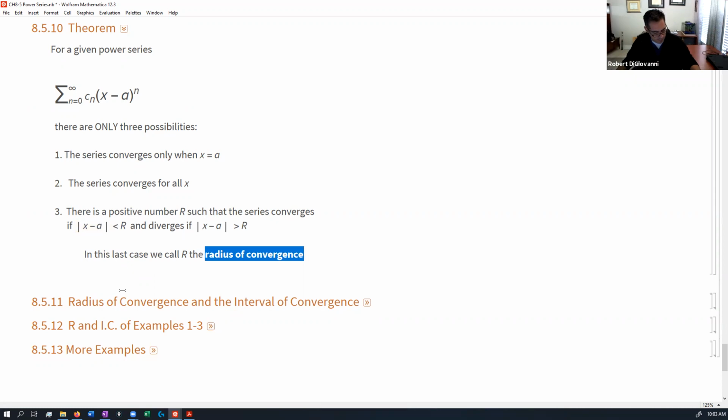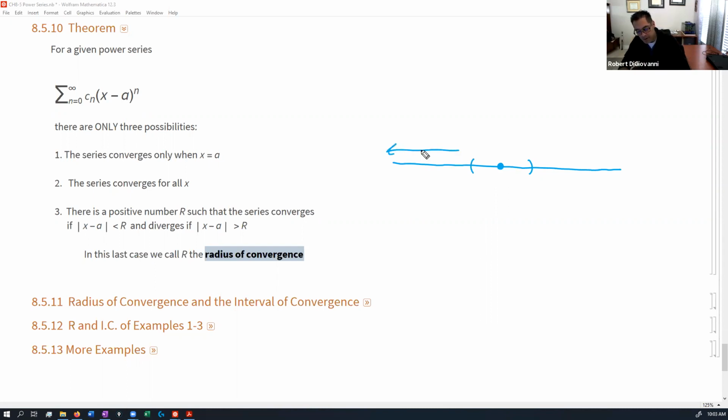When it comes to convergence, you either have a point, and that's the only place it converges, or you have some interval that contains the point. Now, you might have to include or not include the endpoints, but let's just say it's an interval. Or the third possibility would be everything. Does that make sense? You either have one point, an interval that contains that point, or you have the whole thing.